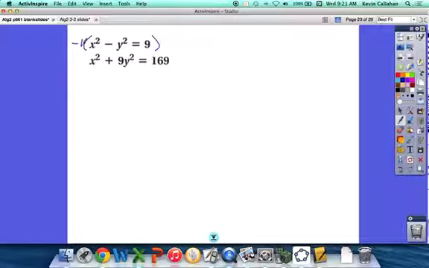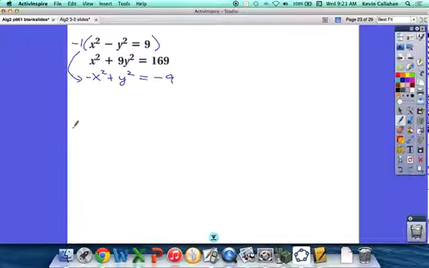Right. And what does that give me? Negative 1 times x squared. Negative 1 times negative y squared, positive y squared. Negative 1 times 9, negative 9. Now if I look at these here, are they lined up and ready to cancel?